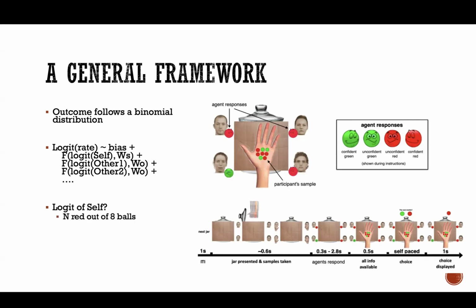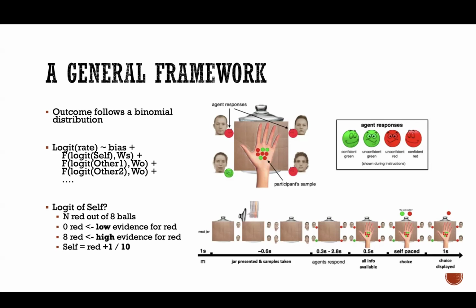What about n red out of 8 balls? 0 red is low evidence for red. 8 red is high evidence for red. Belief is equal to red plus 1 divided by 10. So we rescale it on a 0 to 1 scale, but we make sure to stay away from 0 and 1.